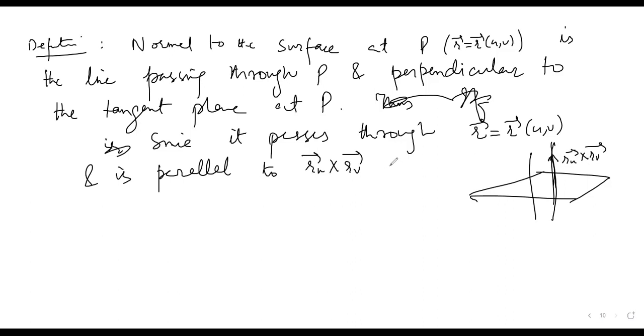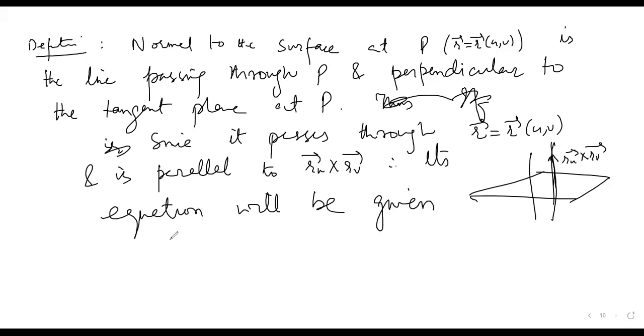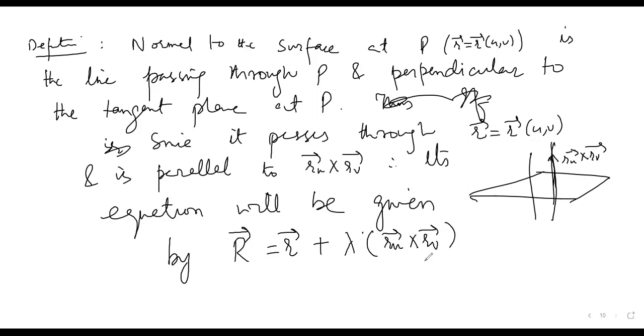So therefore its equation will be given by capital R is equal to the small r plus lambda times ru cross rv, where lambda is a parameter. Okay, so that is the definition of the normal to the surface.